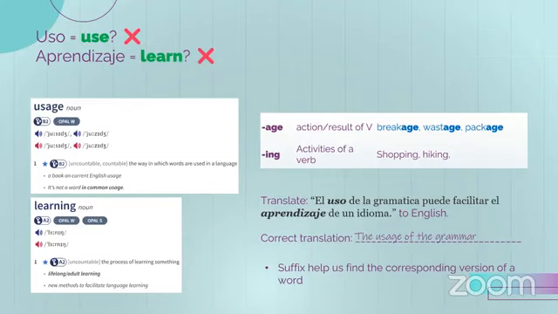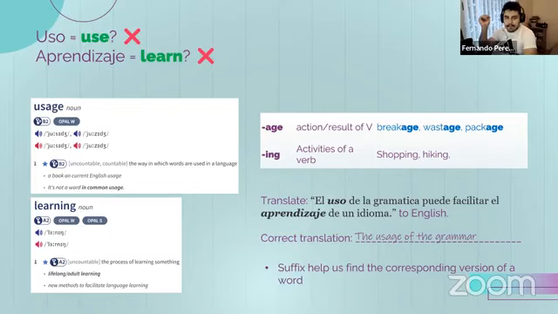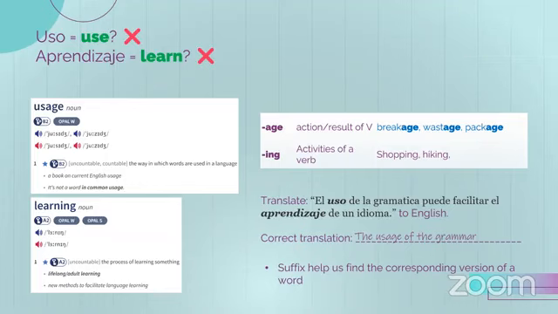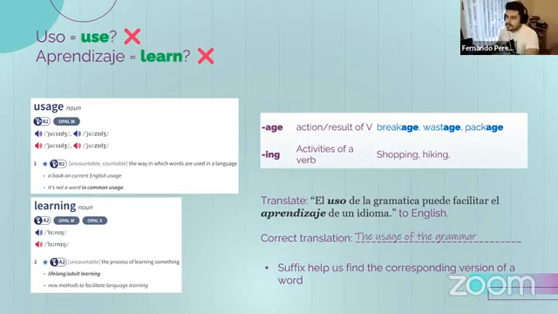For example, the book of Amanda. Amanda has the possession of the book. The correct form is Amanda's book. But in this case, we are not talking about possession. So it's correct: the usage of the grammar.